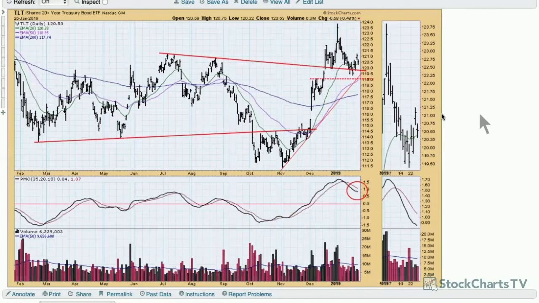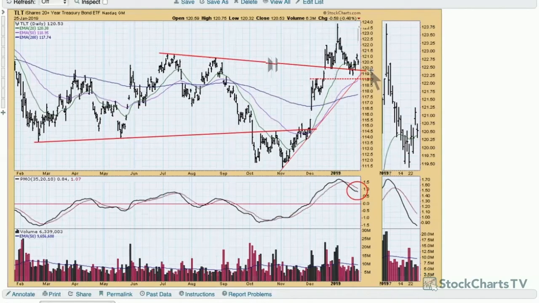Okay, so it looks like we've got a small head and shoulders formation there, and that declining top slide is kind of tenuous, but it's as good as anything, I guess, at this point.